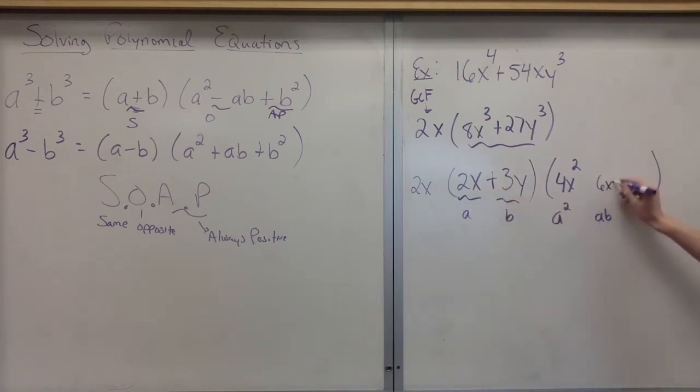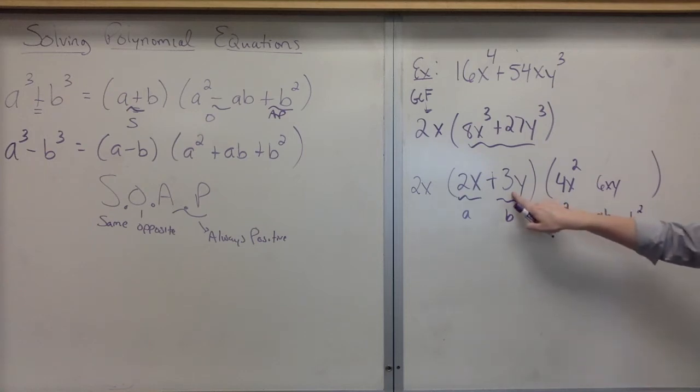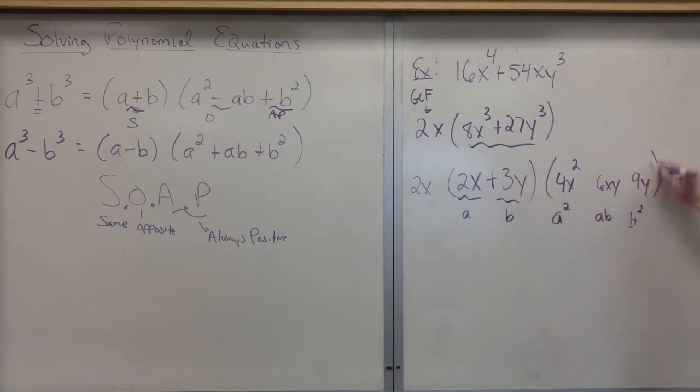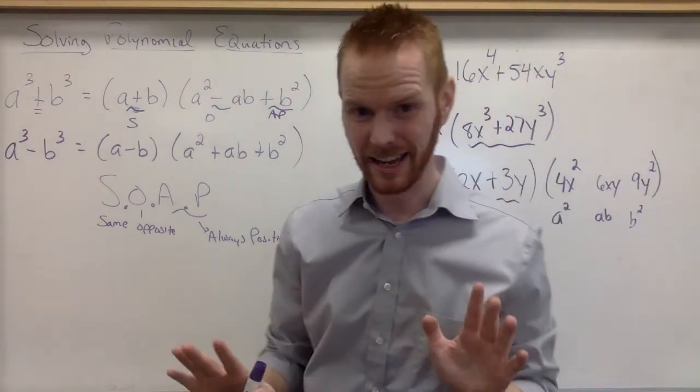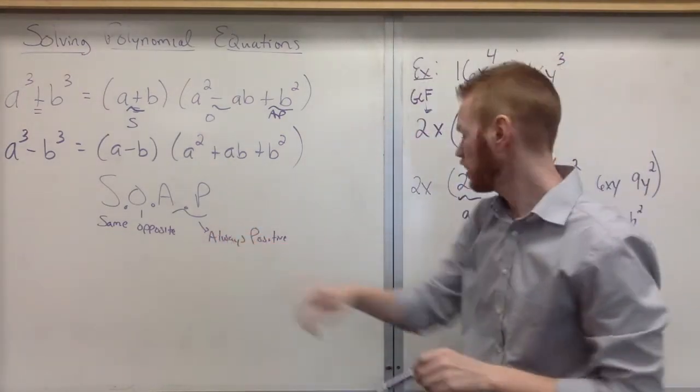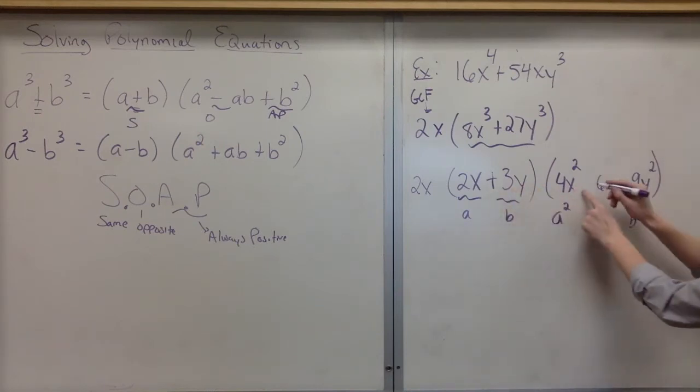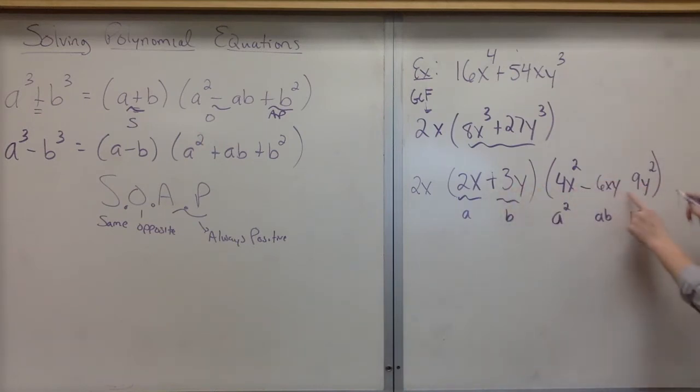I'll get 6xy. And the last part's b squared. So 3y squared would give me 9y squared. Now notice, I didn't put the signs in yet. So let's use SOAP to do that. So it's same, opposite, always positive. Okay? And there we go.